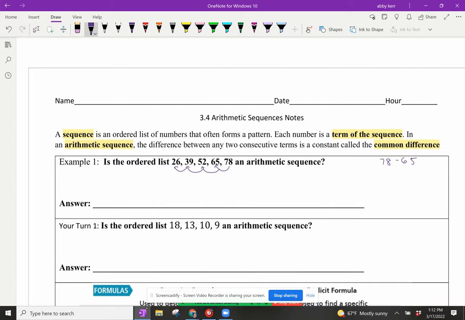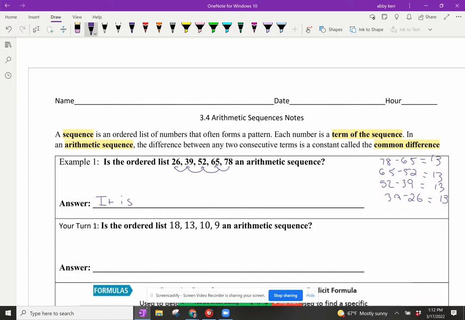So 78 take away 65, 65 taking away 52, 52 minus 39, and then 39 minus 26. If you do that in the calculator, you are going to get 13. Since 13 is the same number, that's why we call it a common difference, because we subtracted.